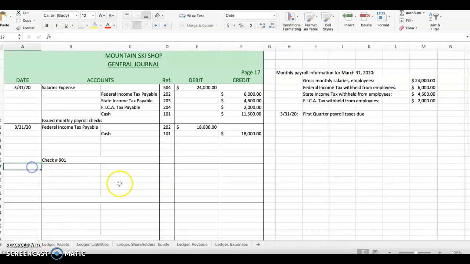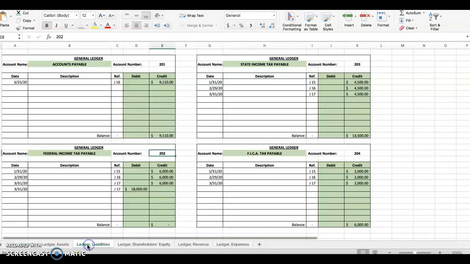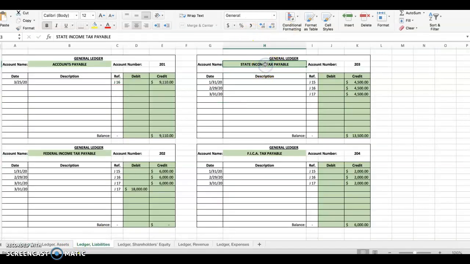So that's one of them done, and these entries are done the same way. This time it's state income tax payable. And again, this would need to be debited. Let's look in the liabilities to find out how much. State income tax payable.